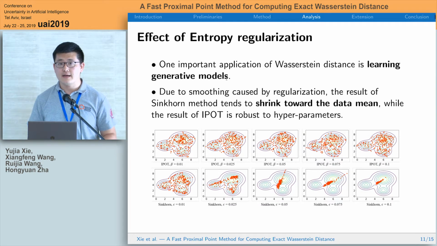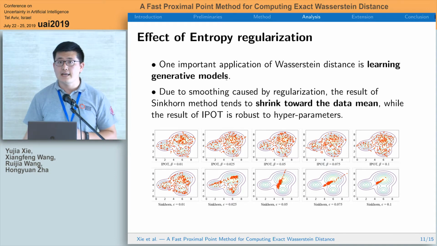Also, more experiments show the effect of entropy regularization, why we should compute the exact Wasserstein distance, and also the efficiency of our IPOT method. One of the important applications of the Wasserstein distance is to learn generative models.